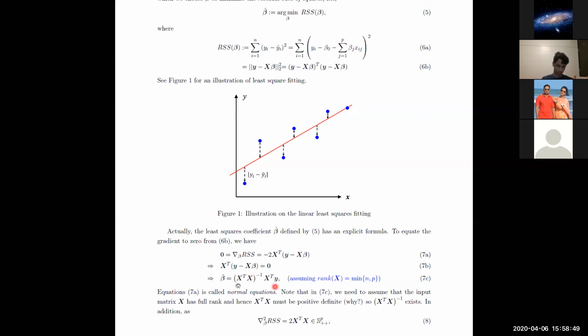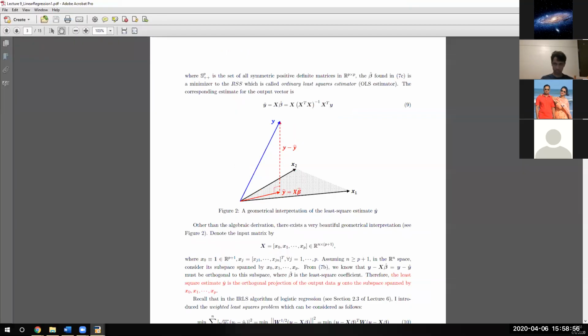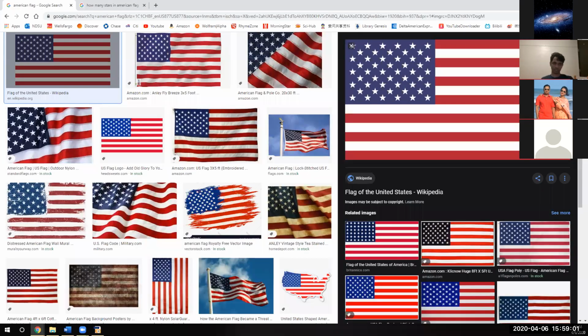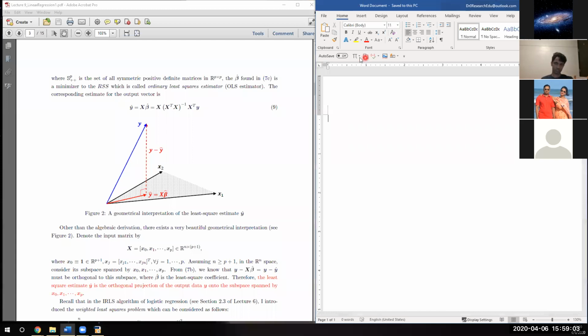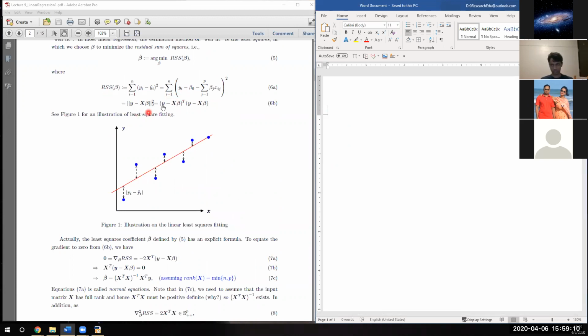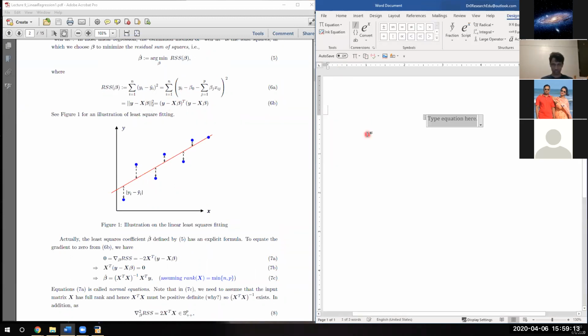Now let's have a look. Let me write down something important. Let me open my Word. So what we have here is 7b. 7a is too simple, which is nothing but the derivative of this one. 7b gives you X^T X beta = X^T y.